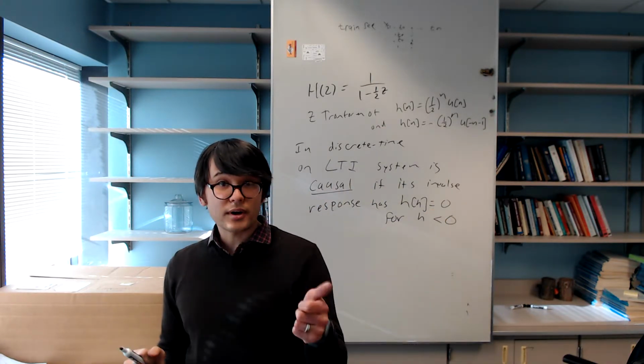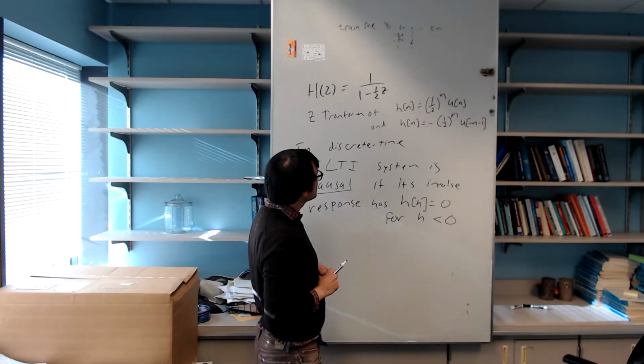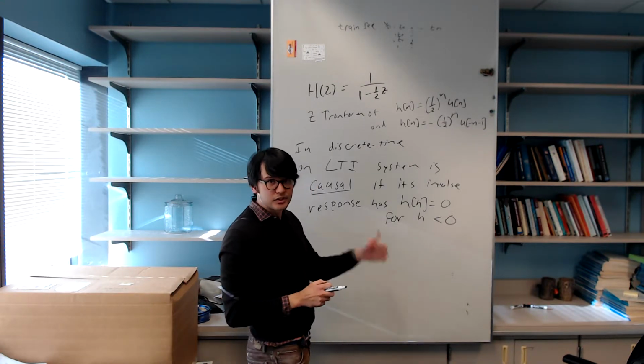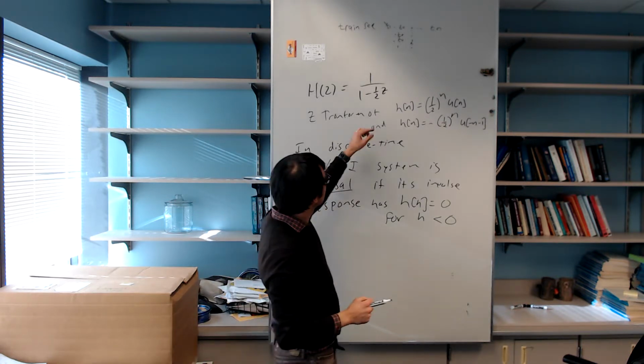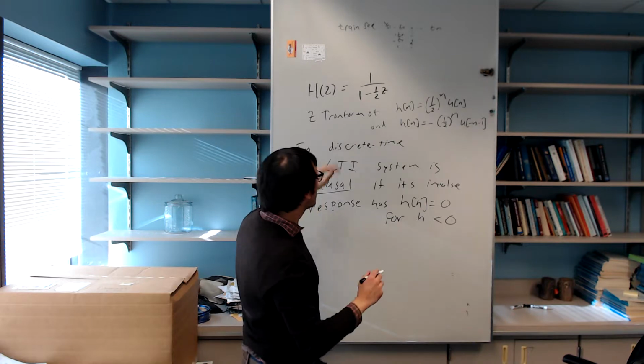Now let's just draw it out for this particular example. So in particular, which one of these things is causal? Well, it's the one that's 0 for n less than 0. And so it's going to be this one up in here. So let's draw that out.